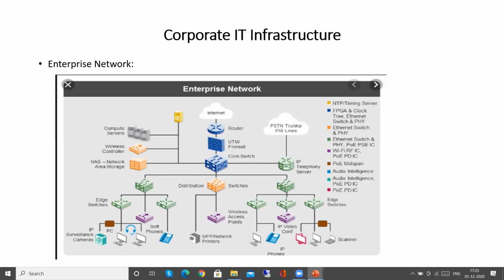Switches, all these normally components. So you can see from my photo, these are all examples of corporate IT infrastructure. This is enterprise. So there might be some less or more, but basically we need all these types of components.